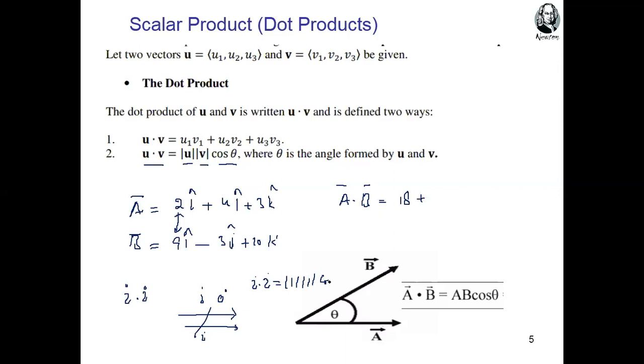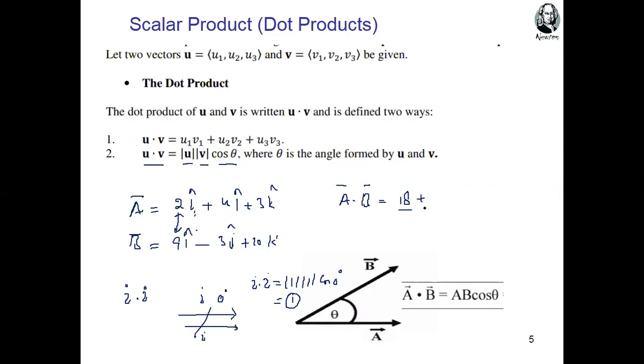Then we have cosine of 0 degrees, which is equal to 1. So no need of writing i, j, k. We have only 18, because i multiplied with i is equal to 1.